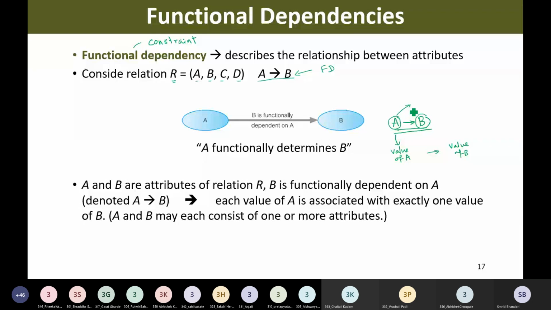But sometimes it may happen that instead of a single attribute, we may have a set of attributes determining another set of attributes.